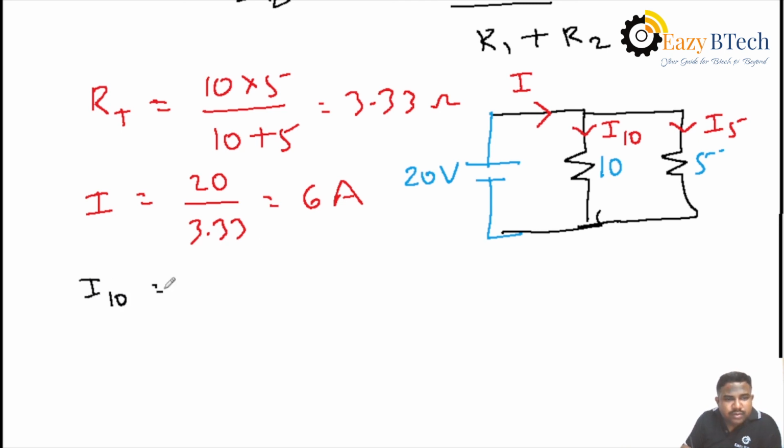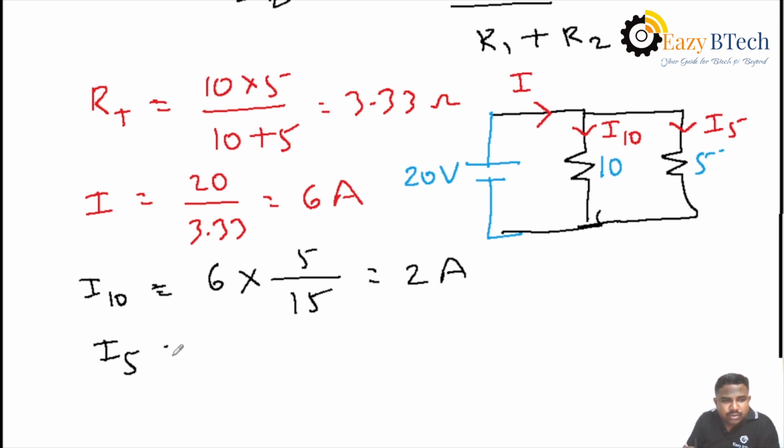What is the formula? We know total current into the opposite value, that is R2 by R1 plus R2, that is 10 plus 5, 15. This value is 2 amperes. Similarly, you have to find I5. Total current into the opposite value 10 by the total resistance value 15. That is 4 amperes.